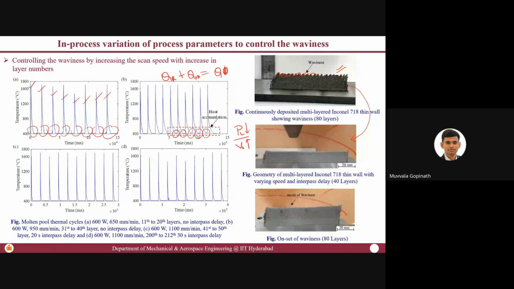There are certain problems. One of them is the heat accumulation problem, which results in inhomogeneous microstructure, leads to anisotropy in the mechanical properties, and also affects the geometrical tolerances. So one way of controlling it is making your process smart or Industry 4.0 ready. The reason why I am avoiding Industry 4.0 is that it is time bound.